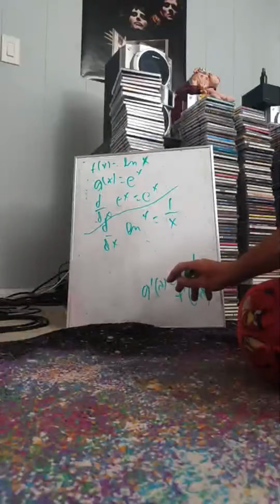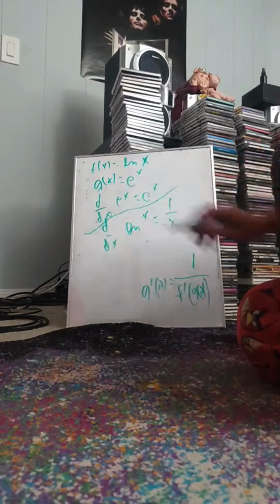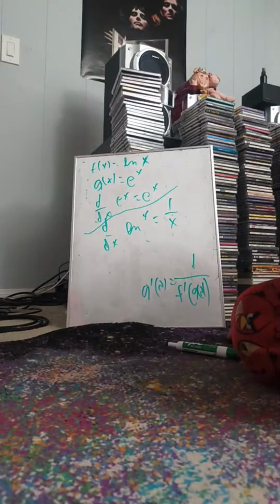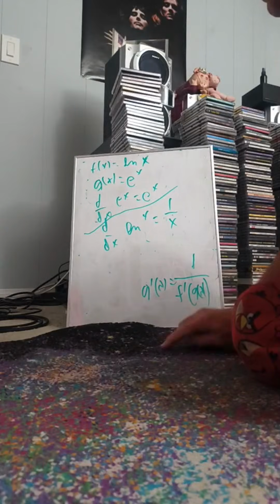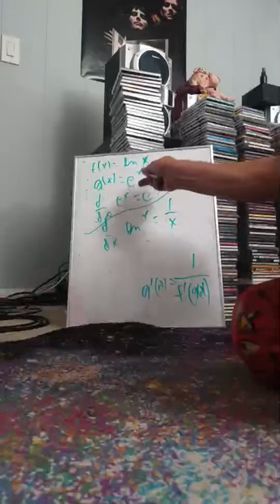So what do we do? g prime of a. I'm going to write g of x is e to the x.